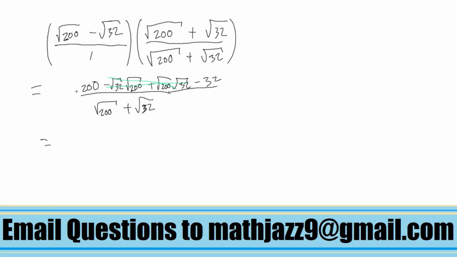And so we get 200 minus 32, which is going to be 168 over square root 200 plus square root 32. So now we have the problem of, oh, this is actually a fairly interesting thing.